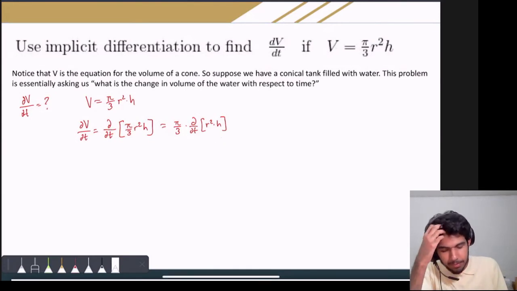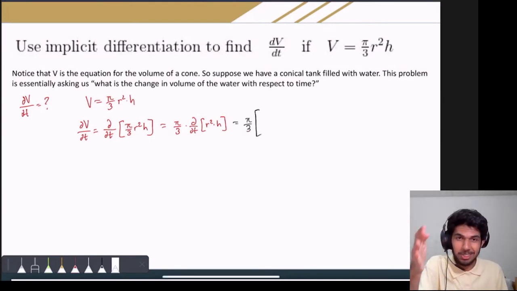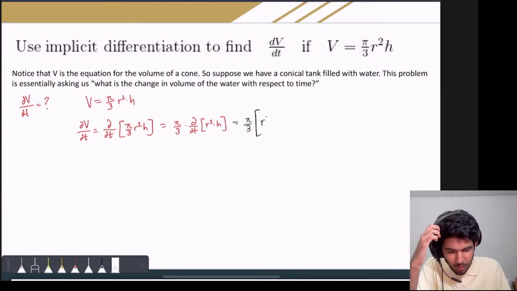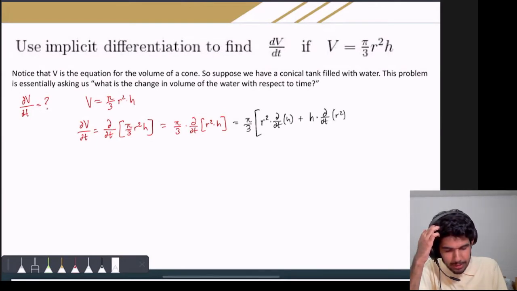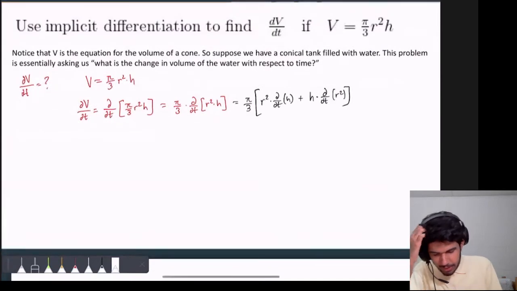So let's do that. That's equal to pi over 3 times 1 d2 plus 2 d1. So 1 times d2, remember, with respect to t, plus 2 times the derivative of the first with respect to t. Okay, so what is d/dt of h?